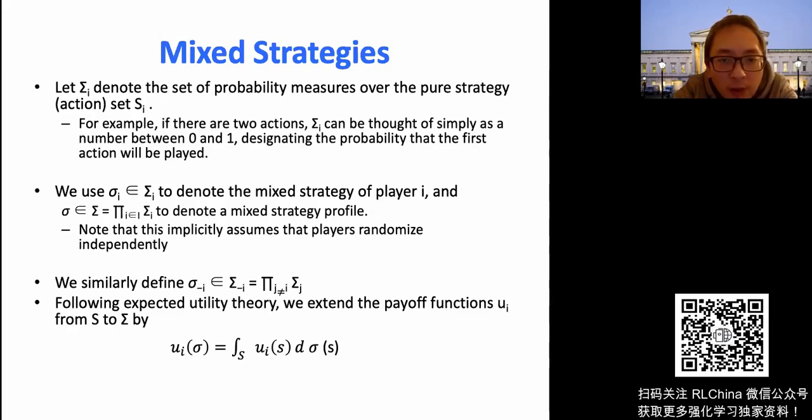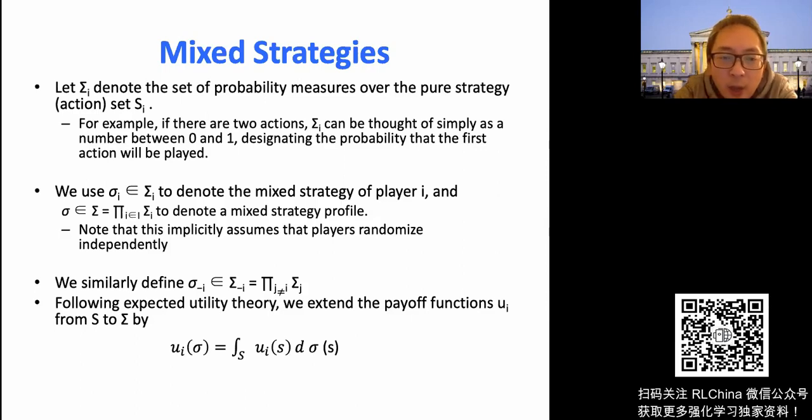This is a joint mixed strategy. So in the two agent, two action case, you got a P and a Q as we illustrated.